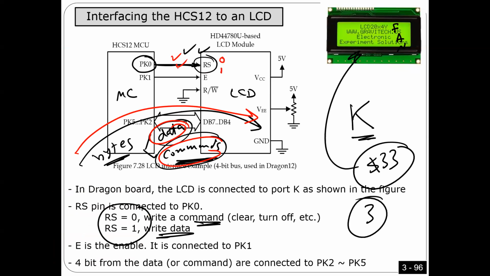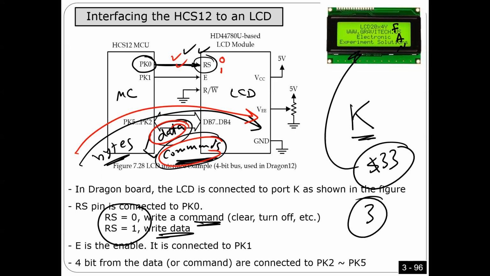If it is data, you have to put 1 here. Is that clear? Just one bit, one pin. This pin tells the LCD what you are going to send, and you have to set it first, before you send the byte. This is number 1.